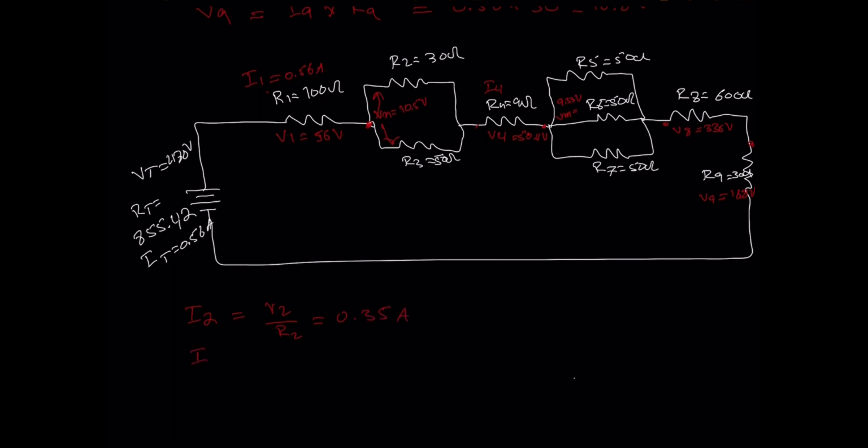I3 will be equal to V3 over R3. V3 is the same as Vn because it branches out from here. It would be 10.5 divided by 50.